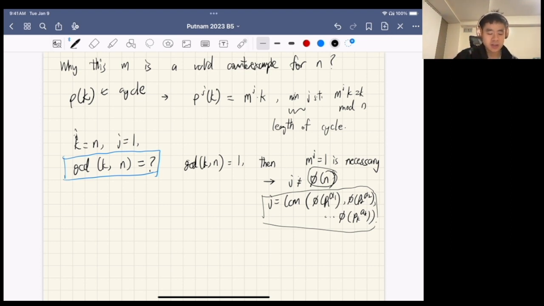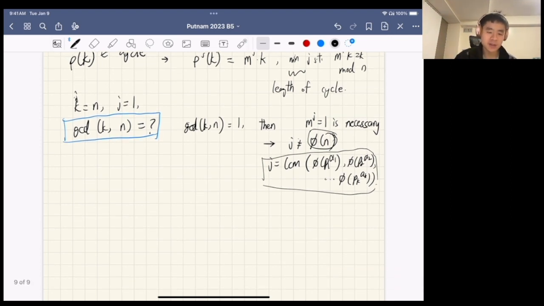So a smarter way, which also took me a while to think of, is since GCD(k, n) equals 1 is not possible, how about if GCD(k, n) is as high as possible, but not equal to n?